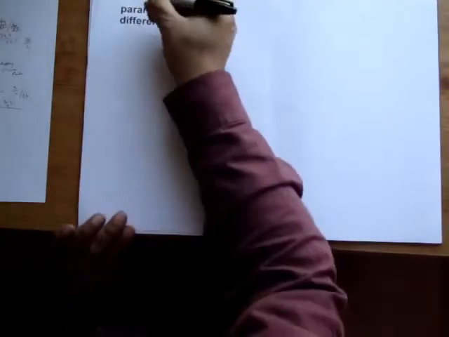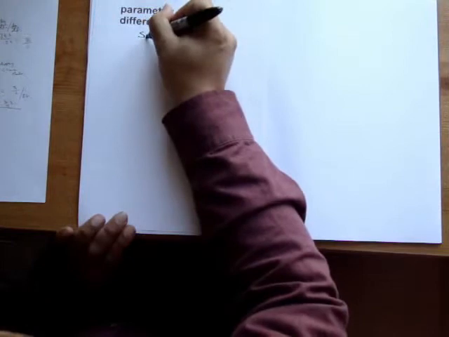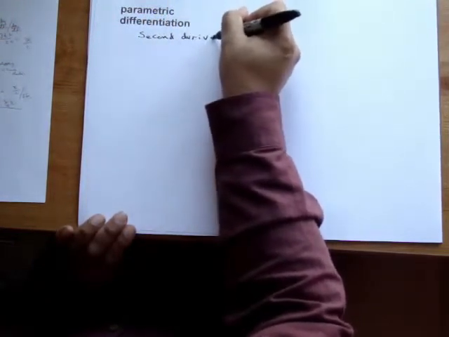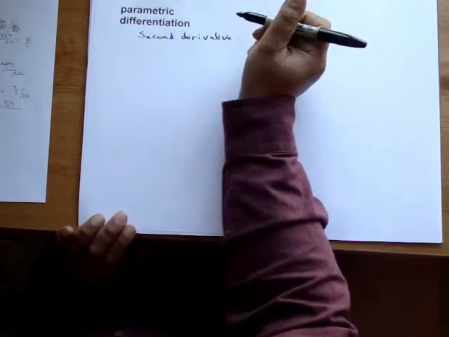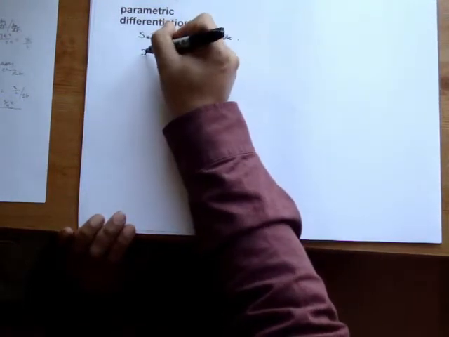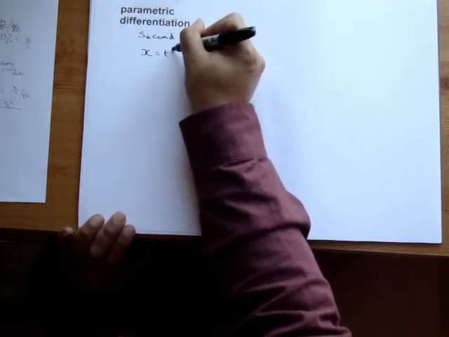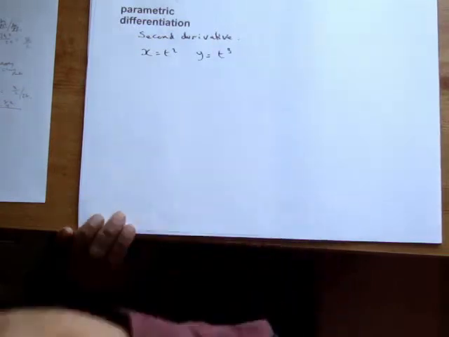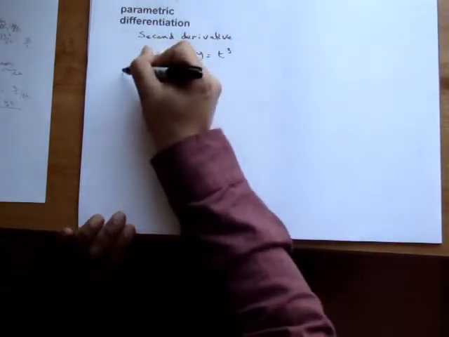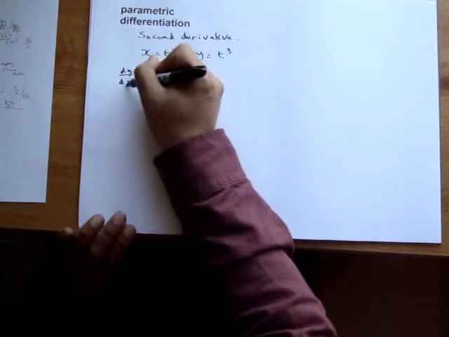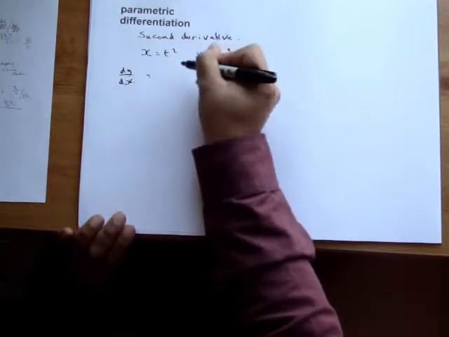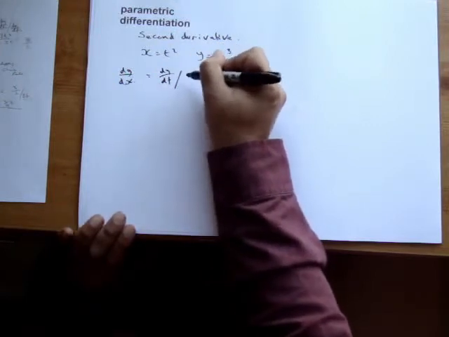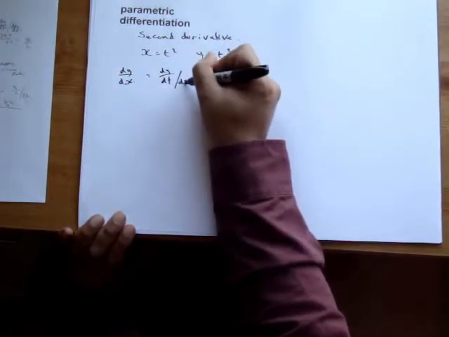Finally, we're going to do parametric differentiation and second derivative. So for parametric equations, x equals t squared and y equals t cubed, we know that dy by dx is dy by dt divided by dx by dt.